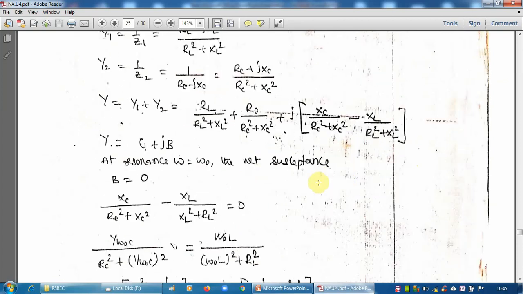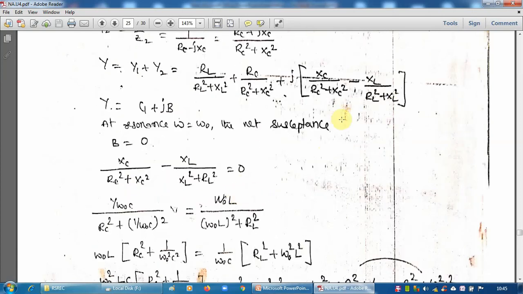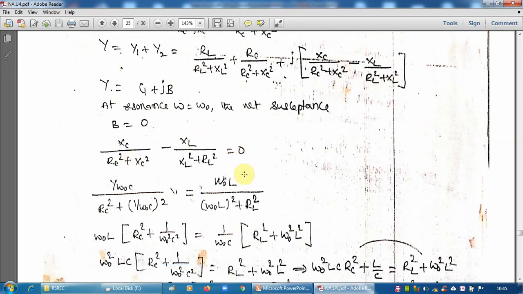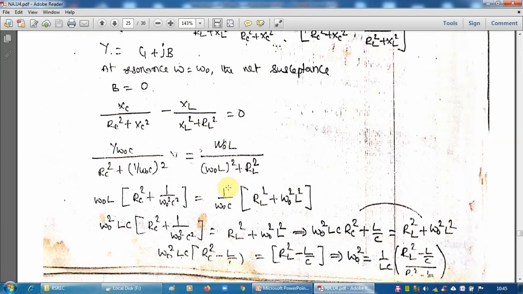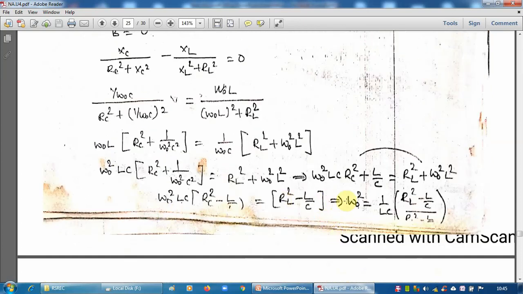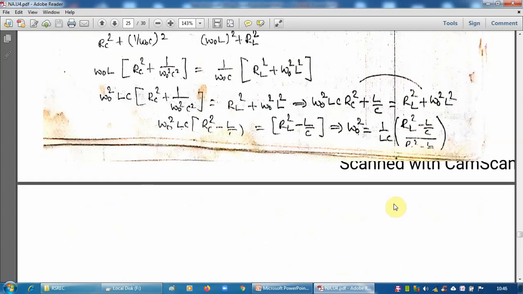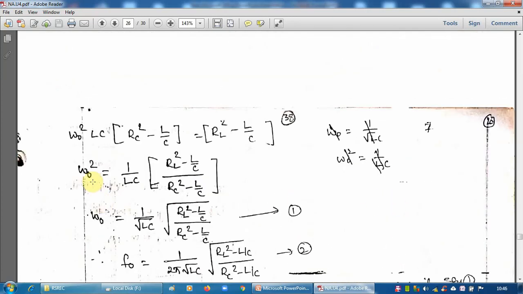The condition for resonance is that this net susceptance B equals 0. So therefore this imaginary part is equal to 0. Xc equals 1 by omega naught C, XL equals omega naught L. We have replaced all these things and simplified, and after simplifying we are getting omega naught square equal to this.